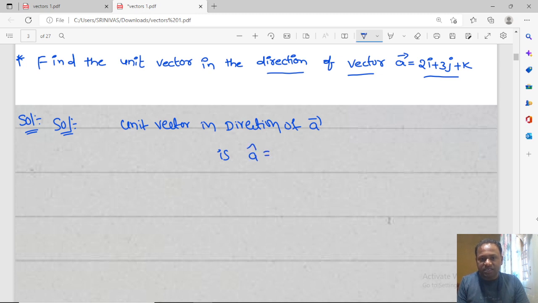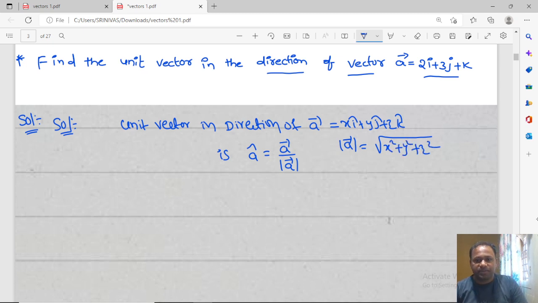A cap is equal to A bar by mod A bar, where if A bar is equal to xi plus yj plus zk, then mod A bar will be under root of x square plus y square plus z square. This is the length or magnitude of the vector.